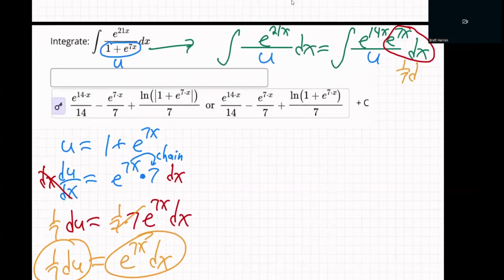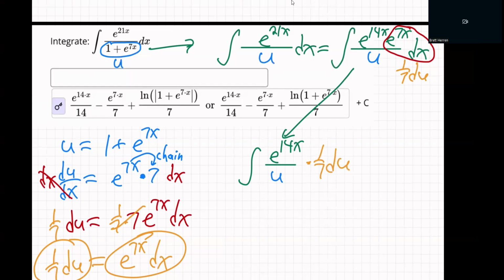So this becomes the integral of e to the 14x. That's still up there. And u still on the bottom. And then in the front now, we have 1/7 du. We're getting so close. Let's grab that 1/7, bring it to the front.